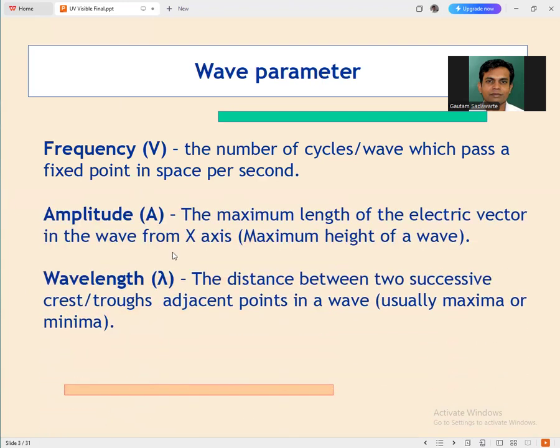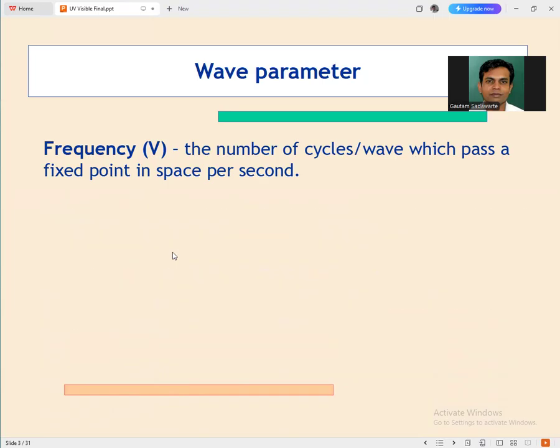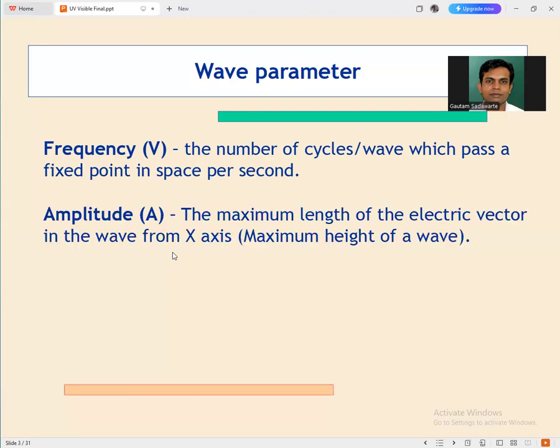So we want to discuss these various points. Now, frequency. What is frequency? It is the number of waves or number of cycles which pass a fixed point per second or per unit time. That is called frequency, and frequency is denoted by nu. Second, amplitude.